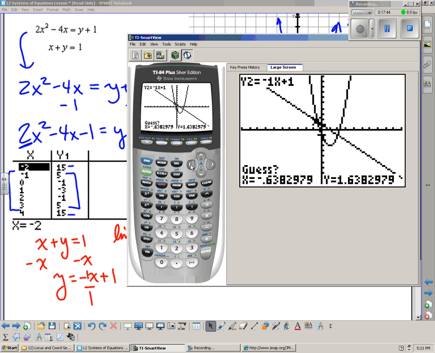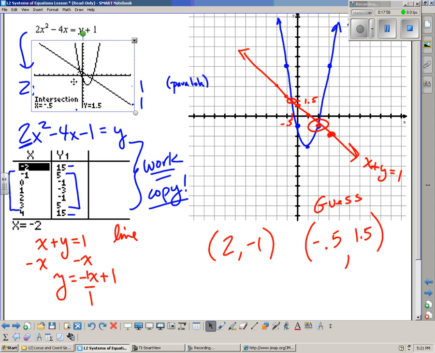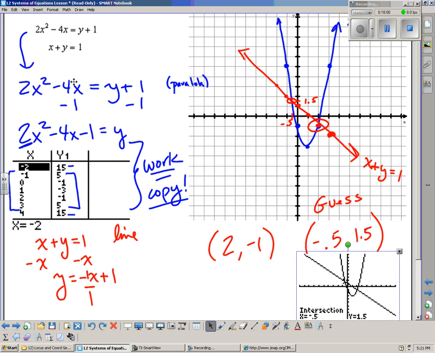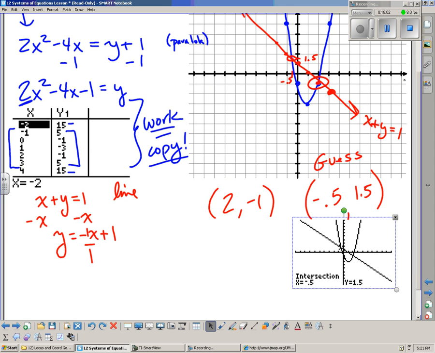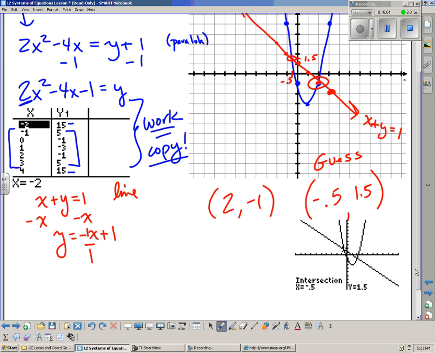The calculator needs a guess to do what it does to get the intersection point. So I'm going to press enter at the guess. And if you notice, intersection is -0.5 and 1.5 for the x and the y value. So that's exactly what we wanted. And that's exactly what we have here. So the calculator does verify that our guess was indeed correct.